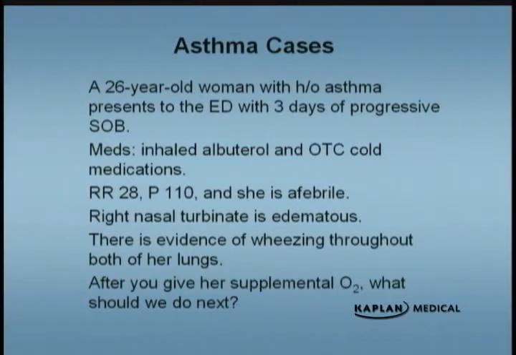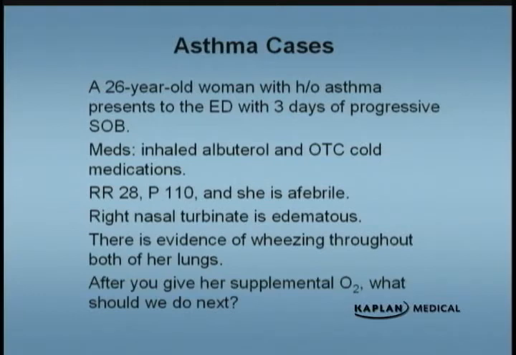Now, according to this patient, if you go back to her history here, look, she's only on inhaled albuterol, right? So she's only on inhaled albuterol, which means that she has, by definition, if whoever's taking care of her knows what they're doing, only mild asthma. So you want to go back and ask her, how many times do you have an exacerbation of asthma?